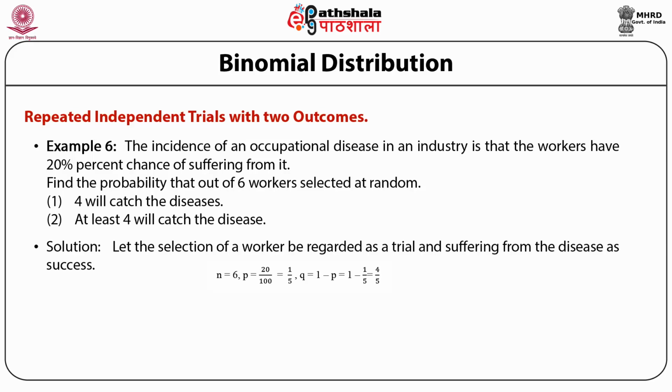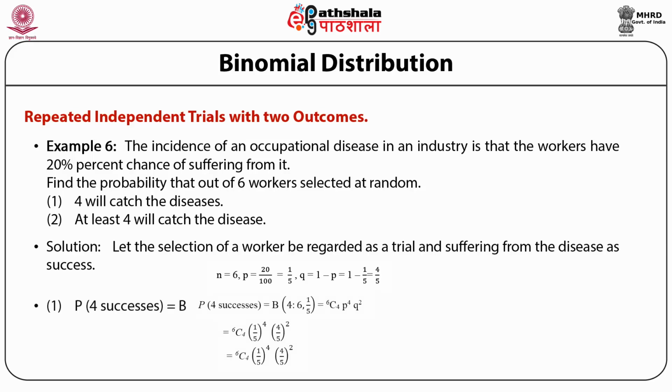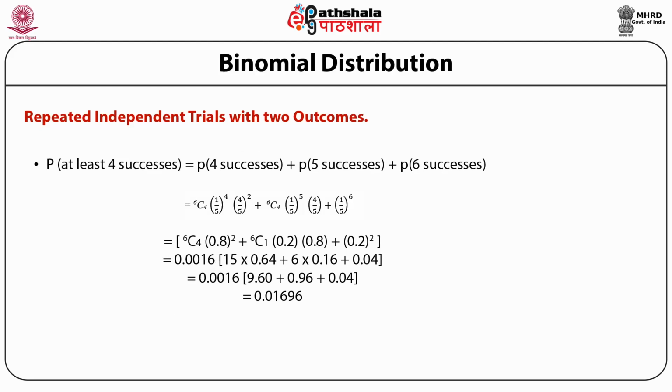So the probability that there are 4 successes is nCr, that is 6C4, p raised to power r and q raised to power n minus r. Solve accordingly, put the values of n, r, p and q respectively. Second is the probability of at least 4 successes.